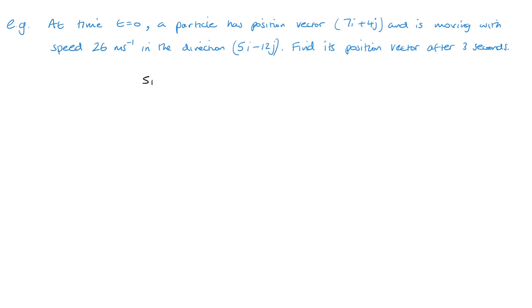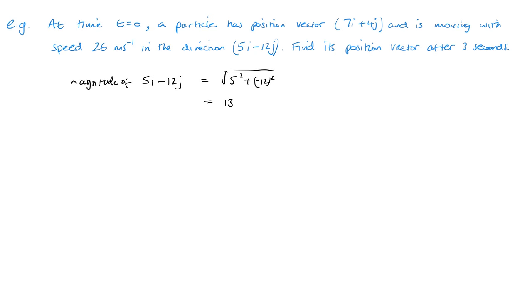What we want is 1 unit in that direction. So first we want to find the magnitude. That's 5 squared plus minus 12 squared, which is the square root of 169, which is 13.